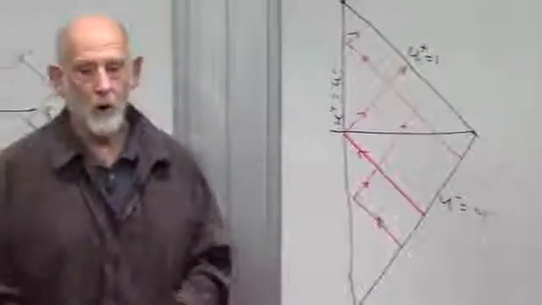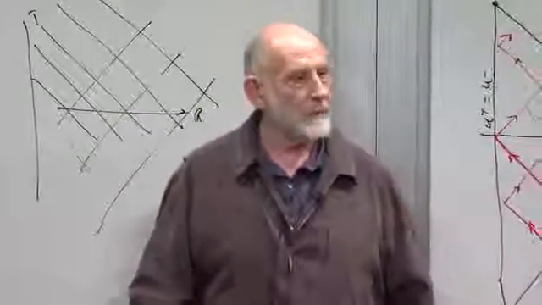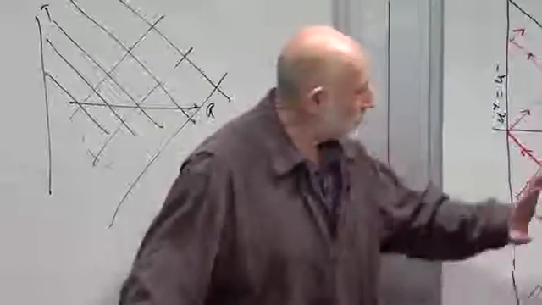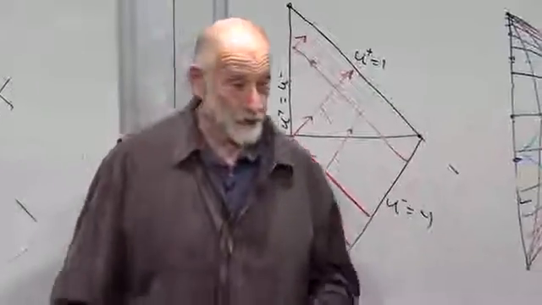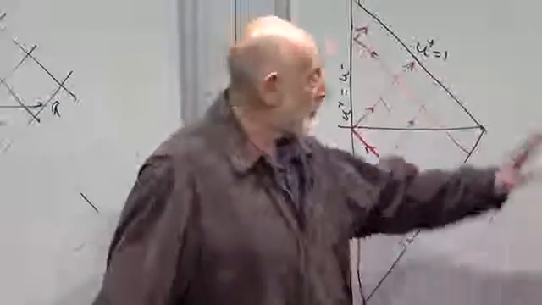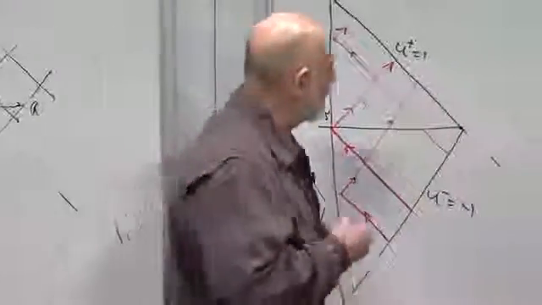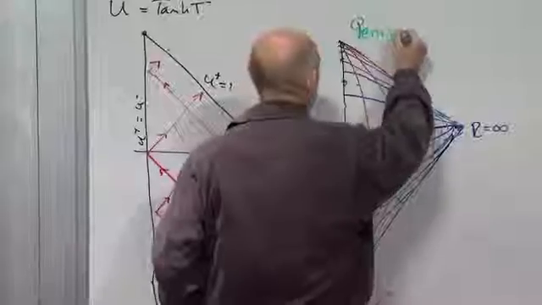This process of squeezing everything onto a finite piece of the blackboard without changing the speed of light is called compactification. You take everything and you compactify it, but it's also called making a Penrose diagram. This is a Penrose diagram of flat space-time. Roger Penrose.